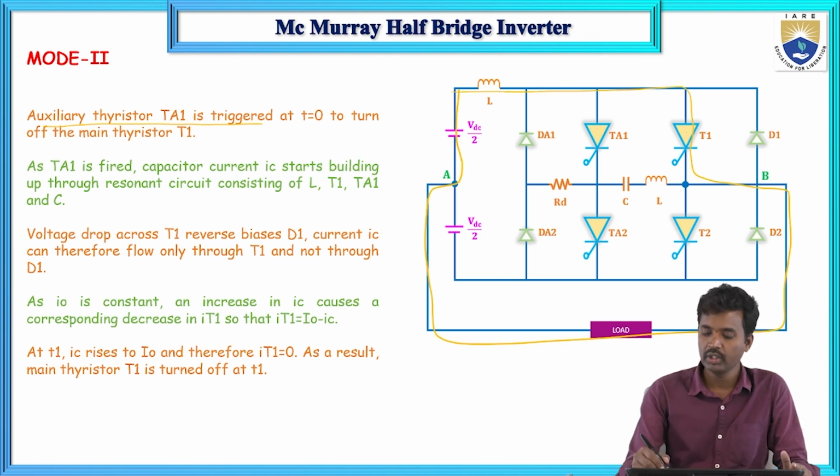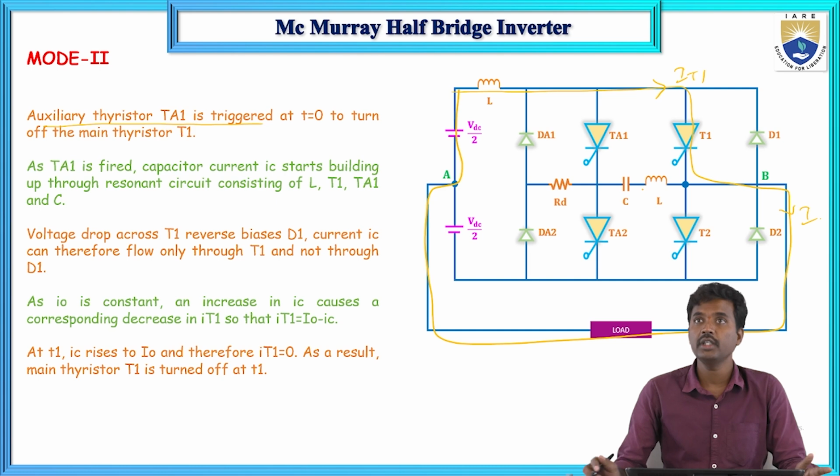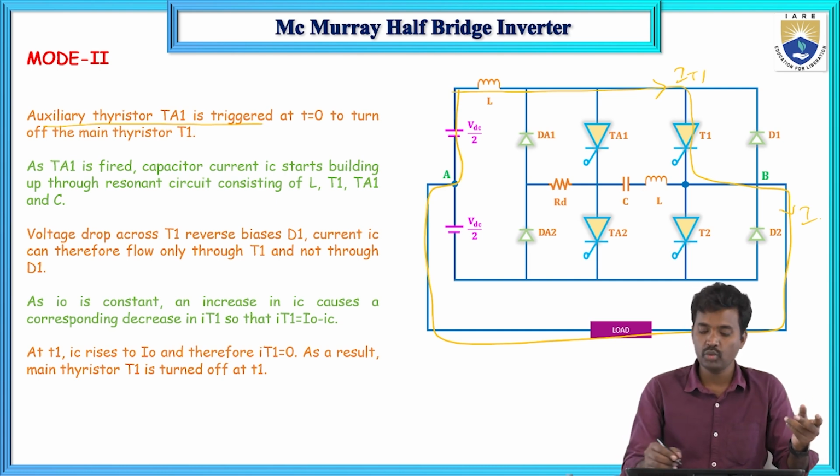So this is mode 1, with IT1 equal to I0. In mode 1 operation, the IL and IC currents are both 0, as this is an open circuit.